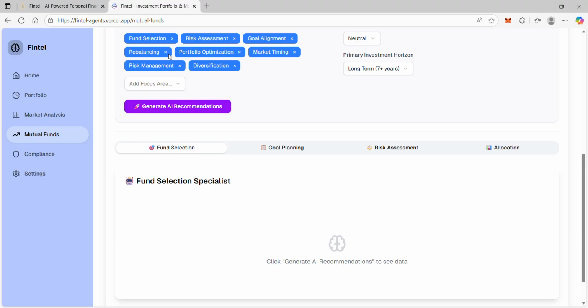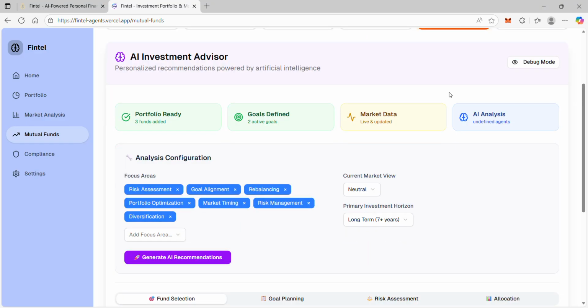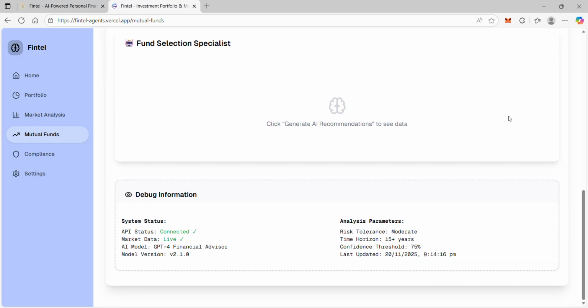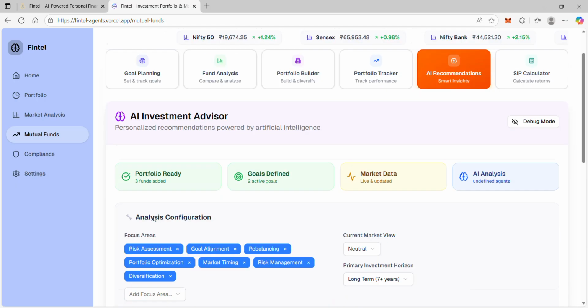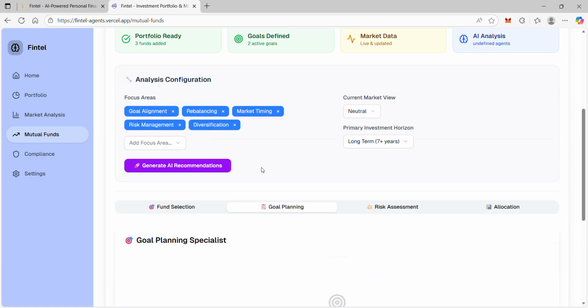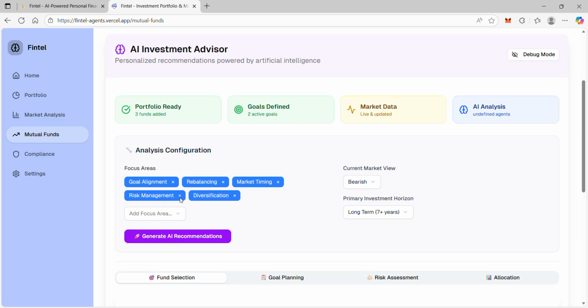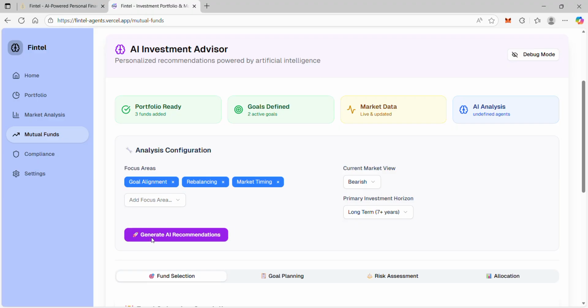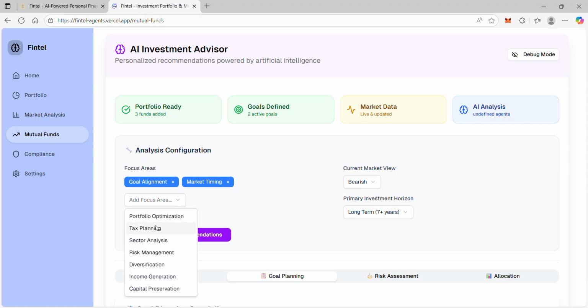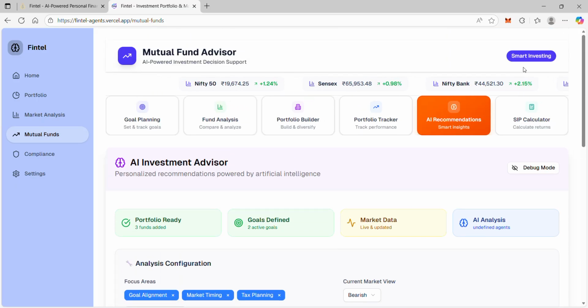Yeah, it's not taking this many at the moment. I think the API is down.